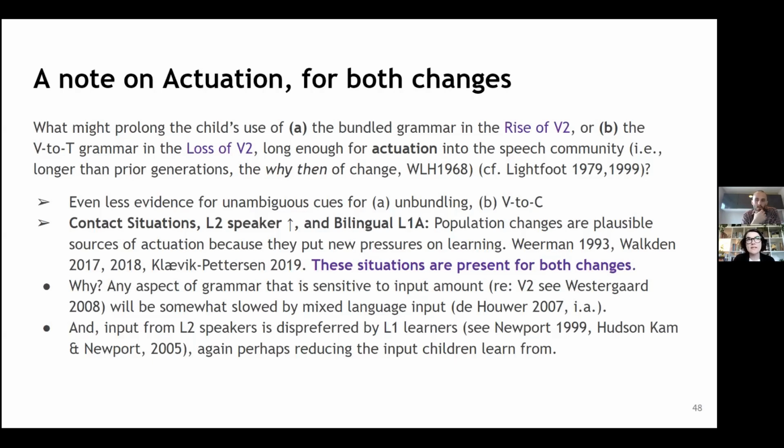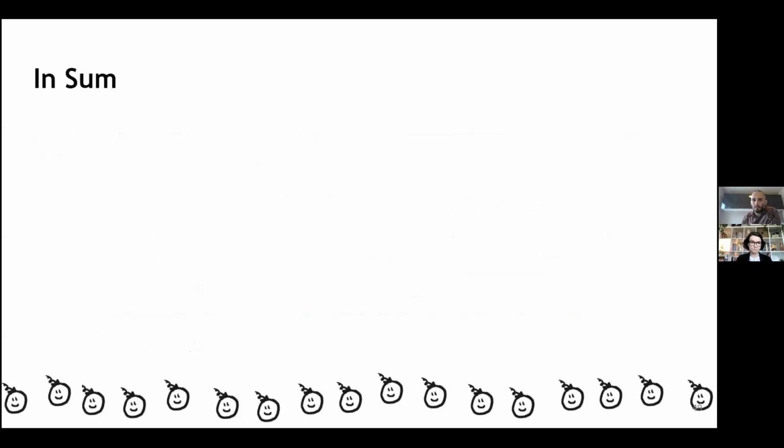So we get some slowing of acquisition in exactly those cases, as we see in the bilingual literature, like De Houwer 2007. And also, if there are more and more L2 speakers in the child's environment, we know that children don't like to learn from them. They seem to know not to learn from them. And this would again reduce the input that children learn from, and may prolong their period of input divergence.